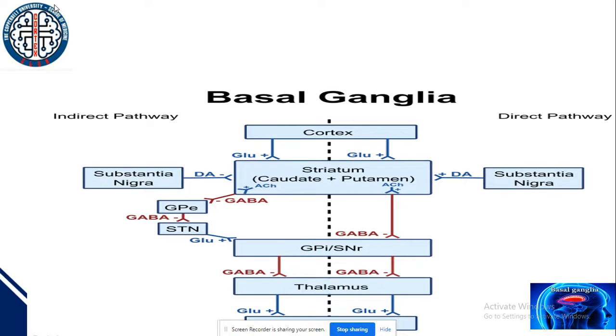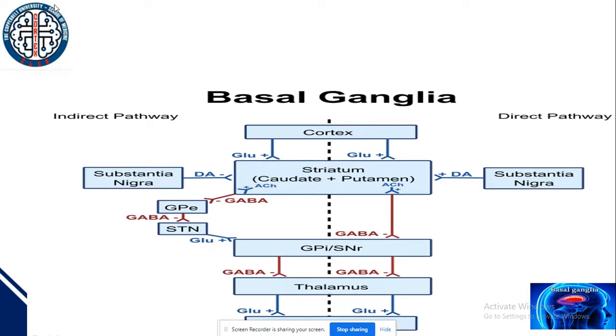If the putamen doesn't have enough cells which produce GABA, what will happen? We're going to have less GABA, and if we have less GABA, it means we're going to have less inhibition of the globus pallidus internus. So once we have less inhibition, what will happen? The globus pallidus internus is going to produce more GABA. And what happens if more GABA is produced?